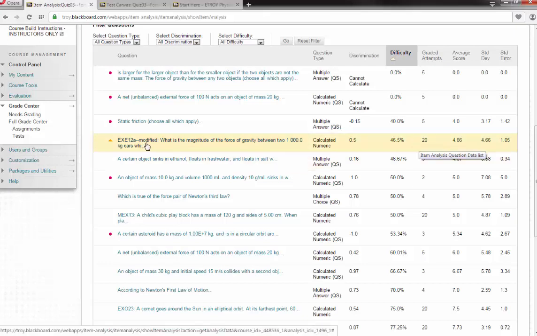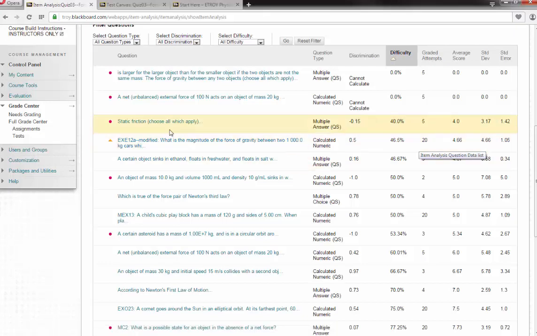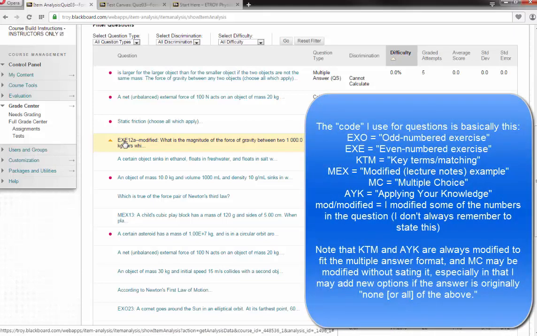I want to add as a point of reference for these quizzes that when I pull something from the textbook, I have some code usually, like EXE means an even numbered exercise, and usually I just use the actual numbers in the hard copy book, but sometimes I modify it slightly, and I try to remember to put in a little note that it's modified, or maybe I'll write MOD for modified.